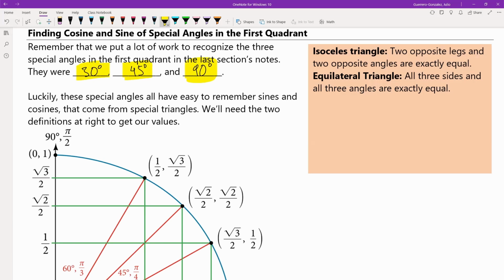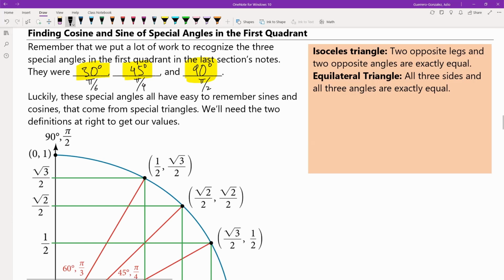We're going to construct sine and cosine for these three angles. 30 degrees was pi over 6, 45 was pi over 4, and 90 was pi over 2. So we're going to equivalently find the sine and cosine for these radian measures as well.